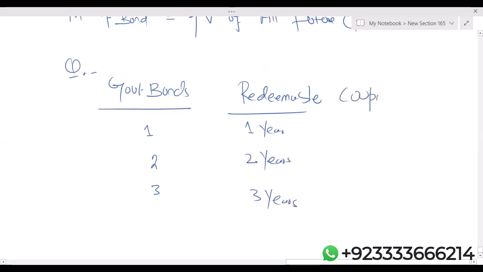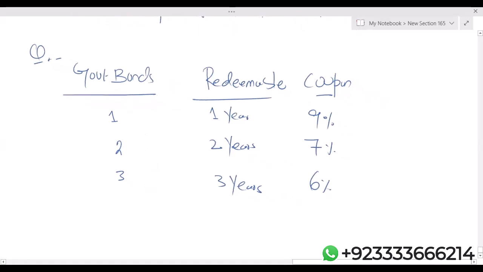The coupon rates the government is offering are 9%, 7%, and 6%. The current market value of each government bond is $104, 102, and 98.